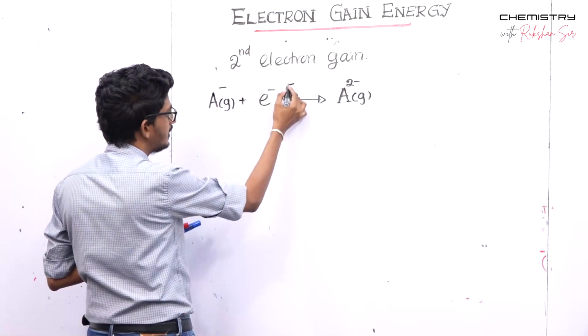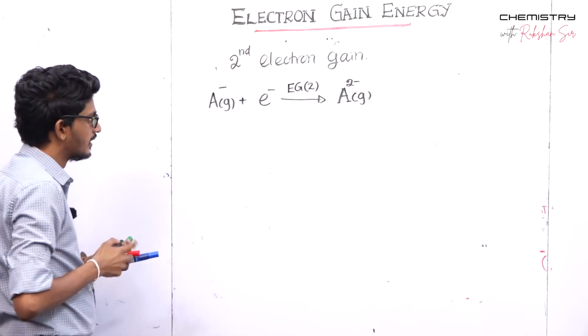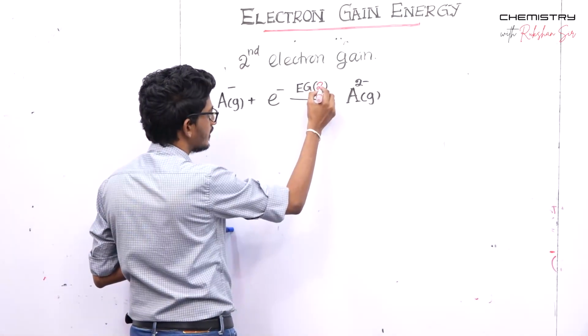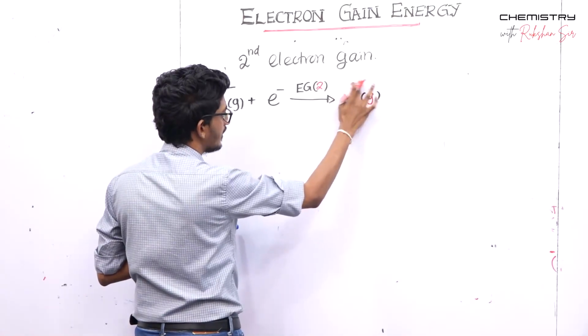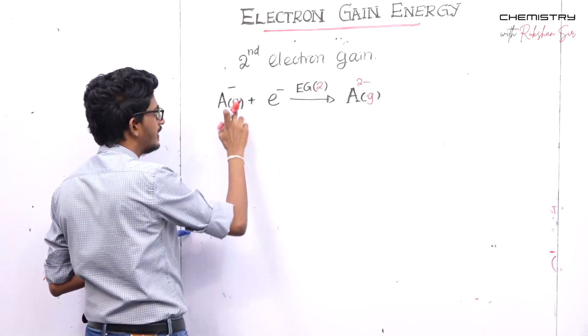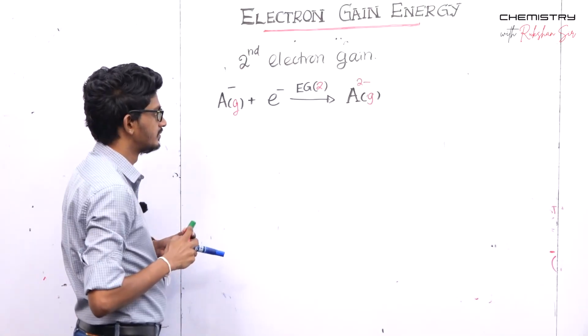That is the Eg2. Second electron gain means forming the gaseous 2 minus ion by adding an electron to gaseous 1 minus.